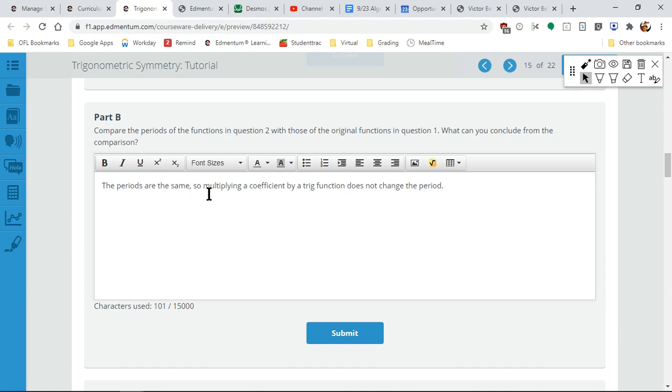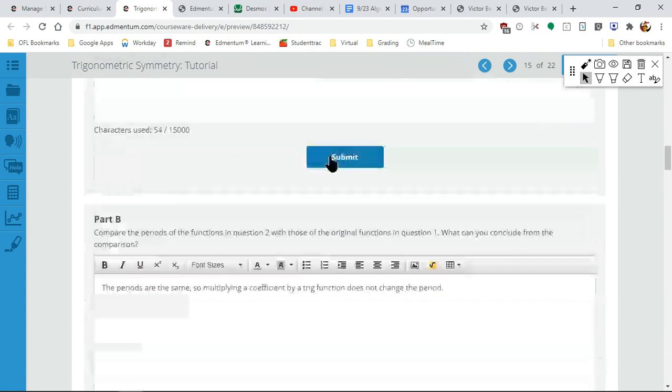That's all that happens. Multiplying it doesn't change the period. They're just asking us to say what we can conclude. We can say that it only changes the amplitude.